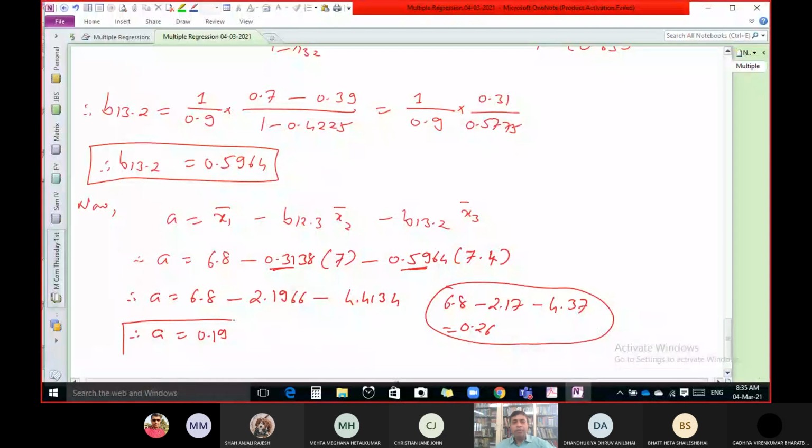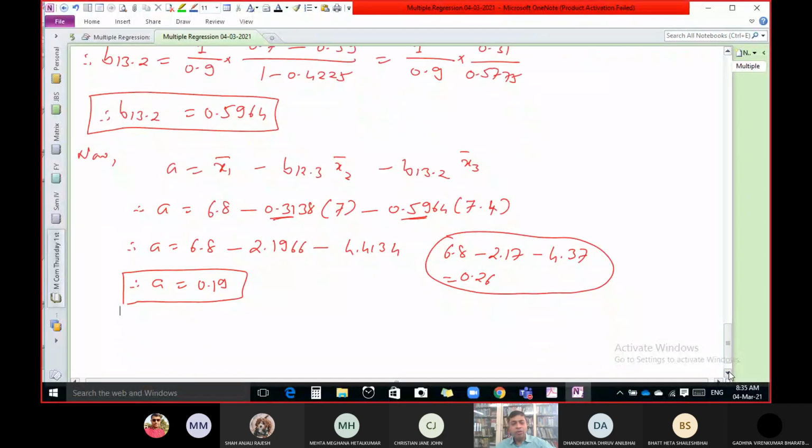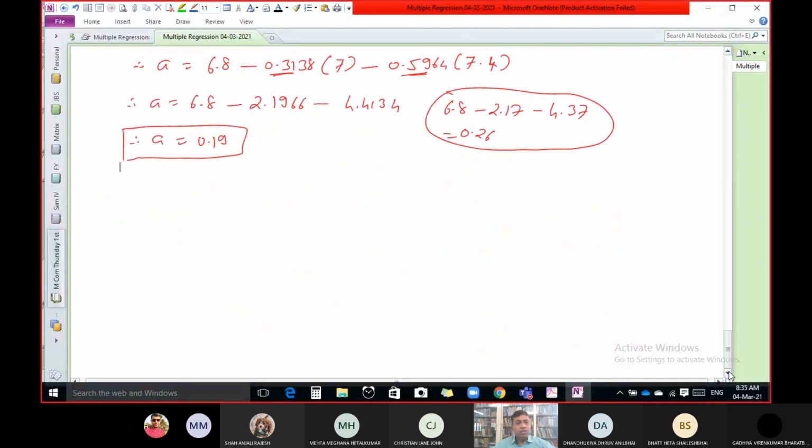So now we have the values of A, B12.3 and B13.2, so we are able to write the equation.